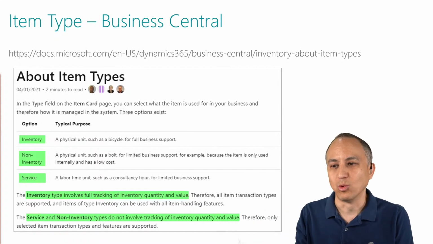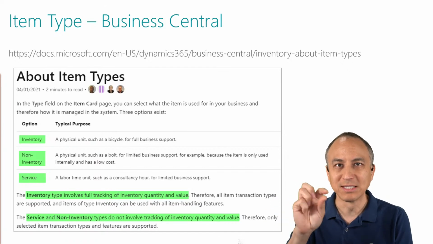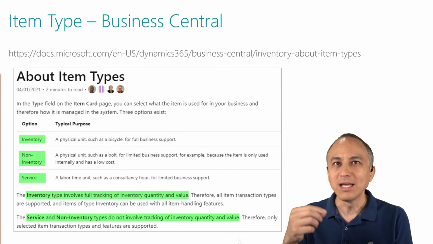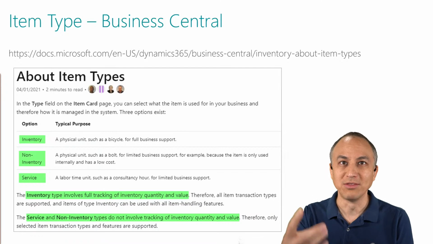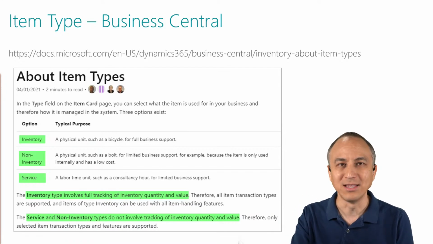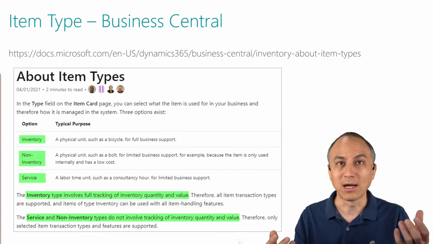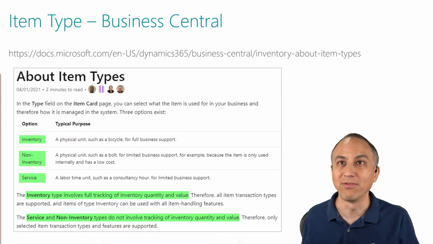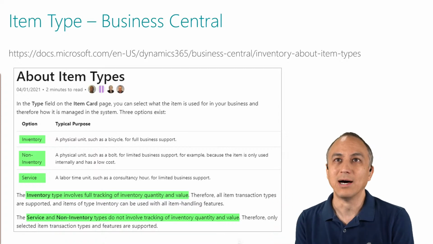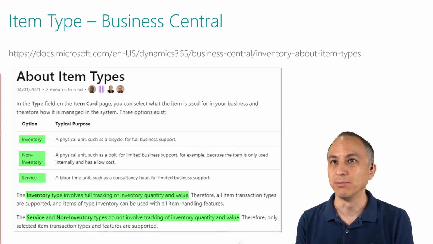And we were wondering, how do we deal with a bag of 1,000 little tiny screws? We don't want to inventory them individually by quantity, but we need to know that these are in stock. We're not selling them. We don't care about the price, but we need to keep track of how many we have and if we need to replenish, that type of thing. So that's what the non-inventory reminds me of.